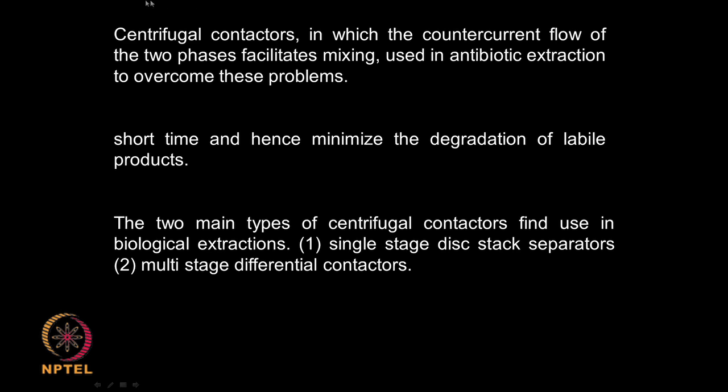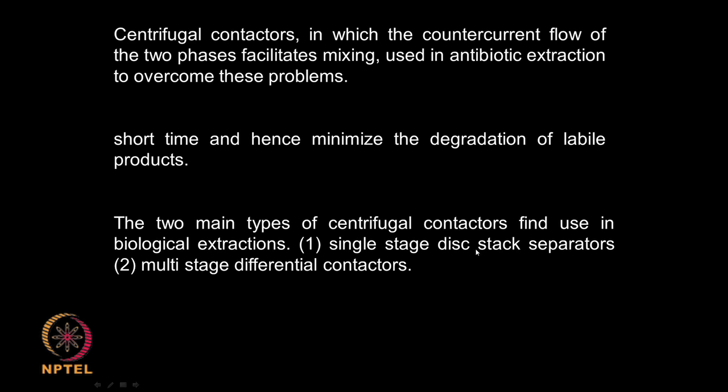Then centrifugal contactors is another approach where you can get very high mass transfer, dispersion, so that the transfer of solute from the feed into the solvent becomes very facile actually. So, centrifugal contactors occupy less space and they can be operated in counter current manner, and the contact time could also be very short. So, you can minimize even the degradation of labile products using this actually.